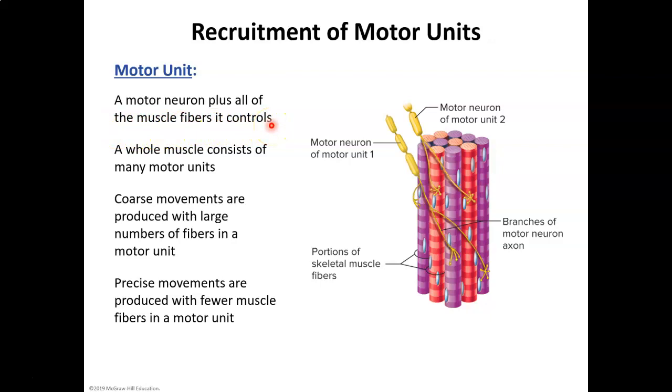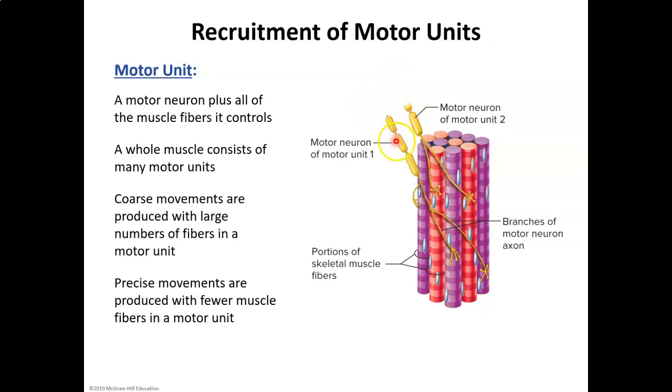When that one motor neuron fires, it will fire all of the muscle fibers that it is connected to. As I say, it could be a few, it could be tens of thousands. So you could get a little tiny bit of power out of it, you could get a huge amount of power out of it. But if you need to add more power, you need more muscle fibers contracting at the same time. How do you do that? You add another motor unit.